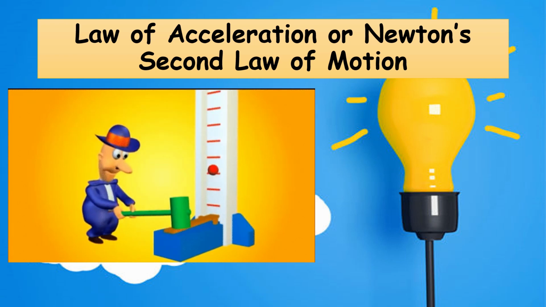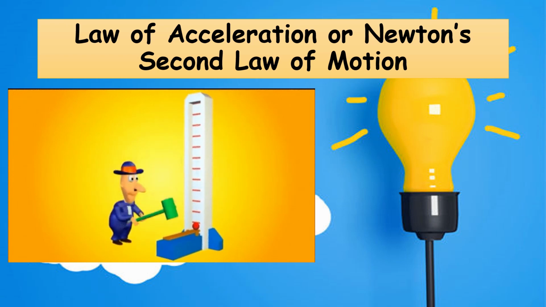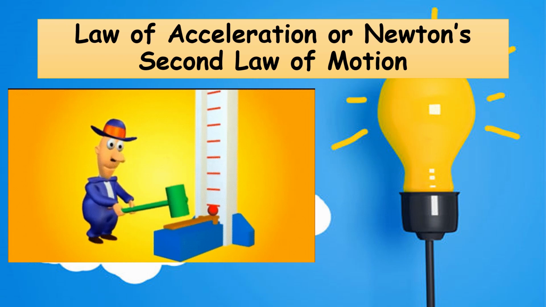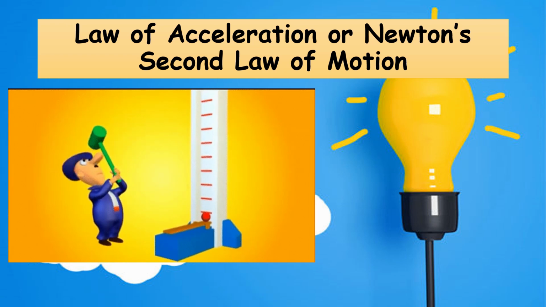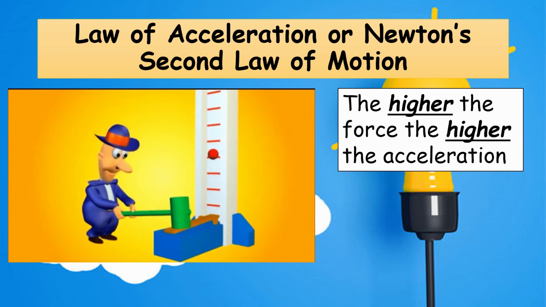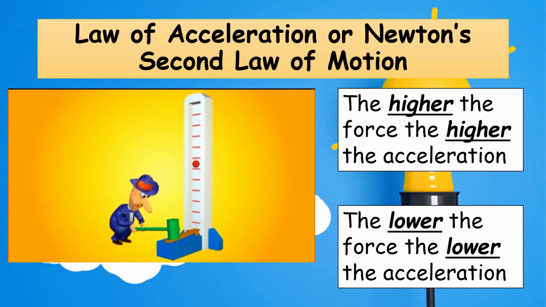Nung pangalawang beses na nag-apply siya ng malakas na force dun sa bola, naging mataas yung inilayo nung bola. So, ano ngayon ang ibig sabihin nun? The higher the force, the higher the acceleration. The lower the force, the lower the acceleration.